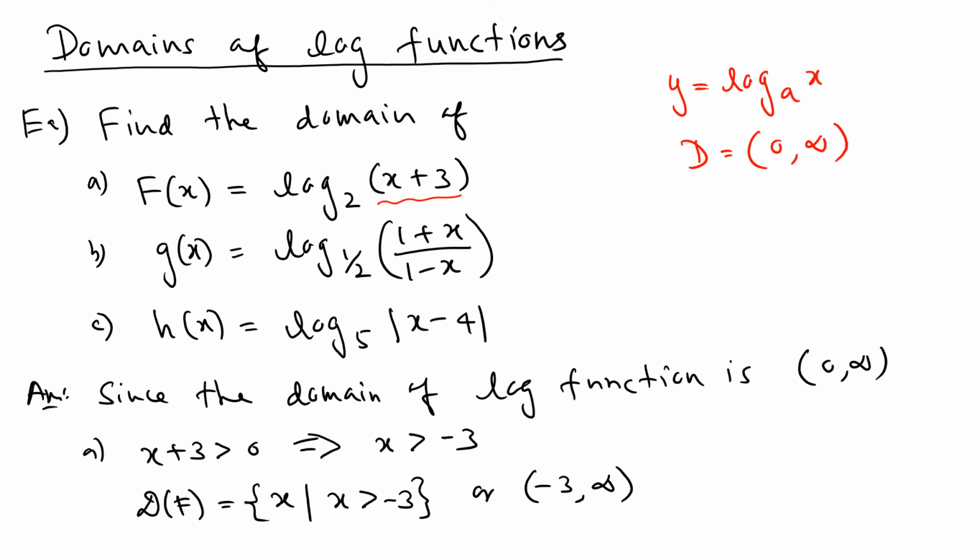In the second example, you can see that the base doesn't really matter. What we need is for the argument to be greater than 0. That's the only condition. So we need (1 plus x) over (1 minus x) greater than 0.